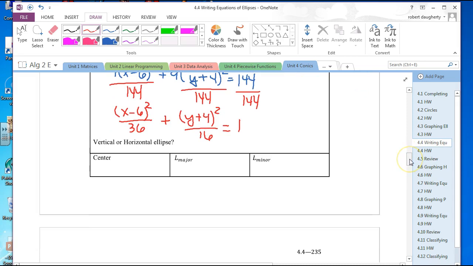Okay. Then where's the center of this ellipse? Yeah, 6, negative 4. What is A? A is 6, B is 4. So how long is the major axis? 12. How long is the minor axis? 8. Okay.